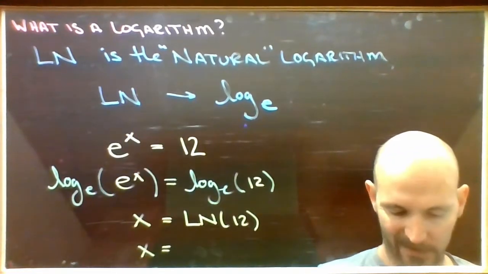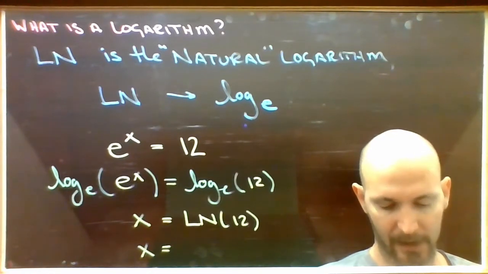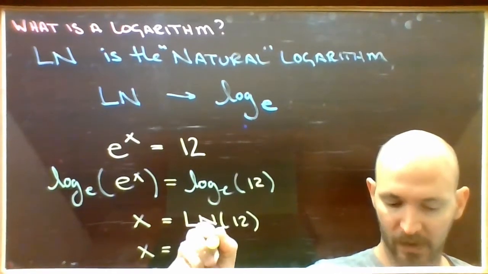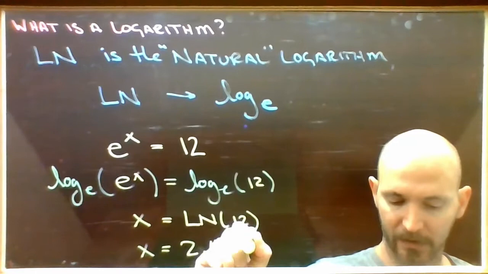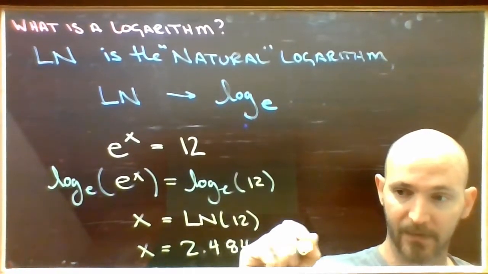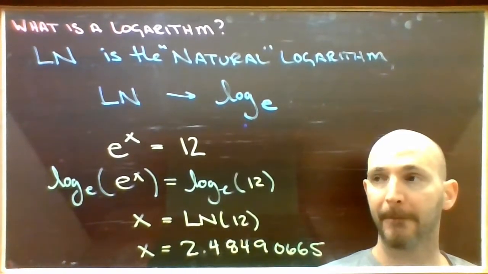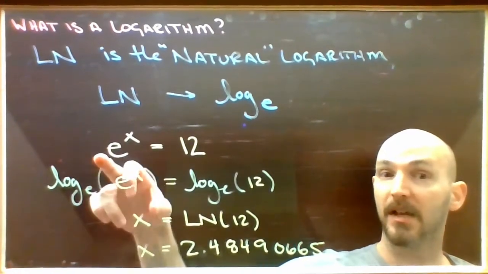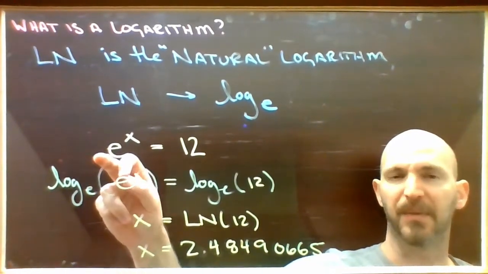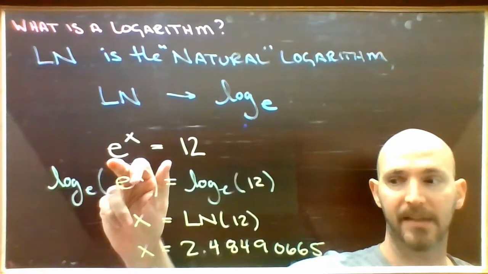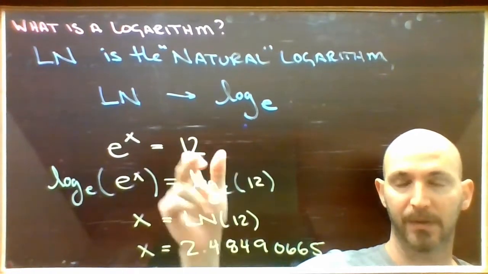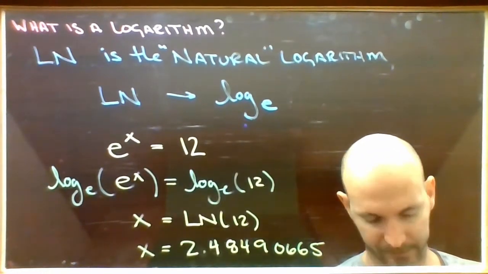Lin is too hard to say. I end up with 2.48490665. So indeed, whatever this number is, it's a little less than 3. If you take a number a little less than 3 and raise it to that exponent, you would get 12 as your answer.